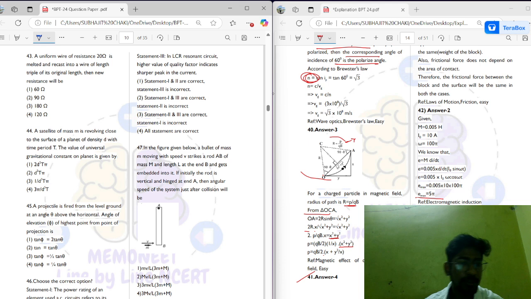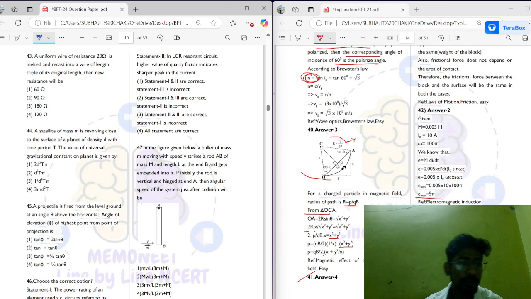44. A satellite of mass m is revolving close to the surface of a planet of density d with a time period t. The value of the universal gravitational constant on the planet is given by? Okay, this is a very tricky one. We know that when a satellite is orbiting, the gravitational pull from the planet on the satellite is balanced by the centrifugal force, that is m r omega square.